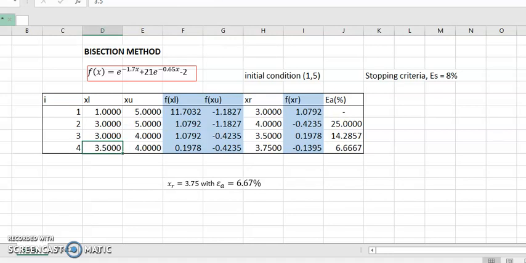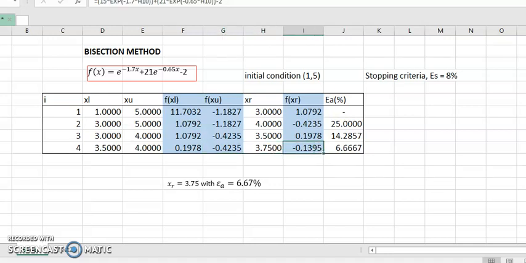So what happened to your XU? Your XU is the same as the previous XU, which is 4. And then you calculate your f of XL and f of XU, and you can find the new XR.